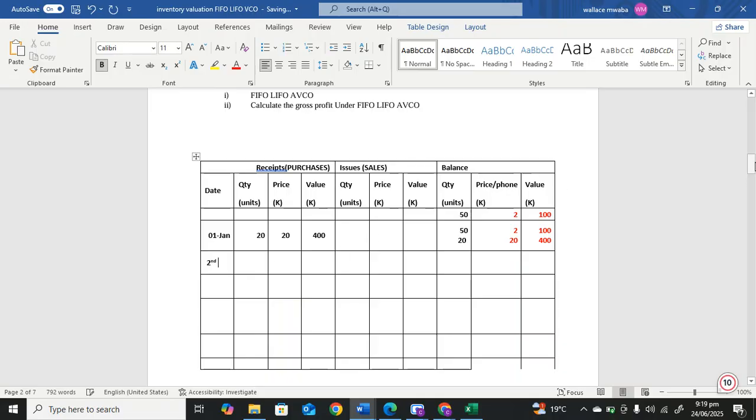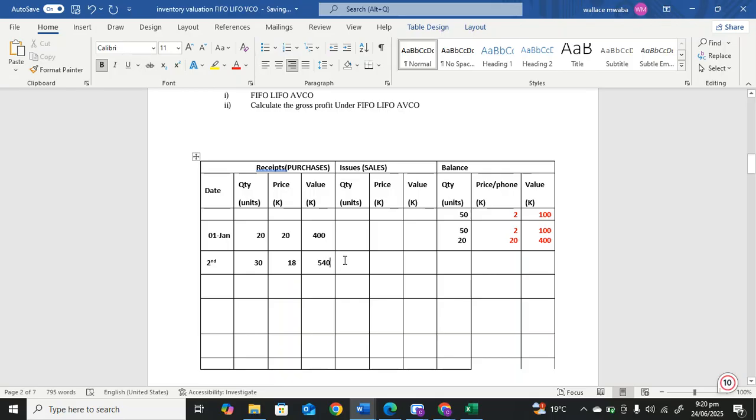So we purchased 30 units at 18 kwacha. So we put here 30 valued at 18 kwacha. So 30 times 18. Let's get our calculators. 540 kwacha here.